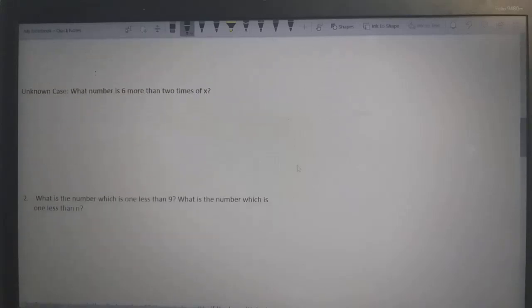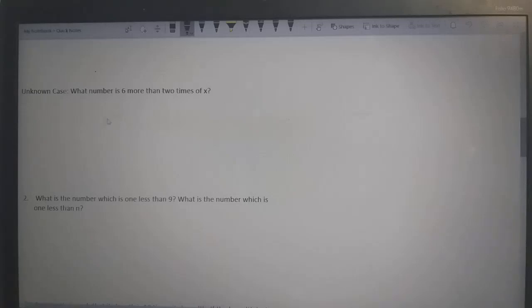Then there is another situation. What number is 6 more than 2 times x? Here, you may want to start from the end of the question. So, the 2 times x.